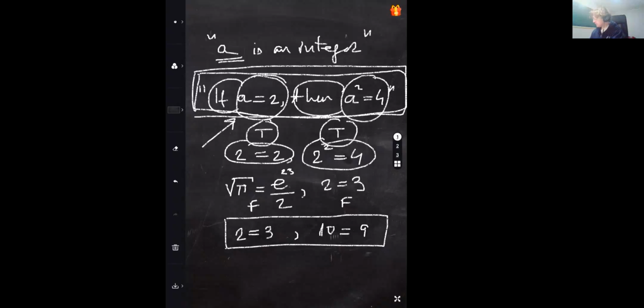But in this case, if you live in a very strange world in which 2 equals 3, then 10 equals 9, because false implies false. The implication is correct, even if both individual statements are false. False implies false.